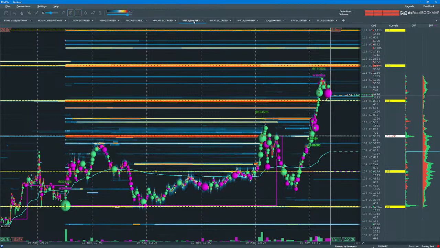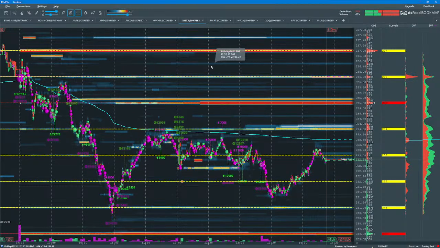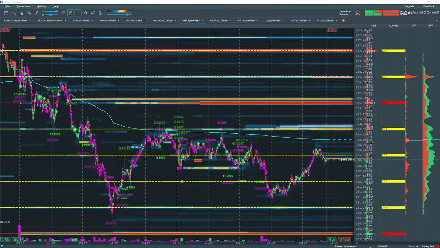Let's take a look at Meta. But definitely a good short today, a lot of range. And this was a good entry right here with a test of VWAP and then a move lower as options traders continue to take negative delta positions.